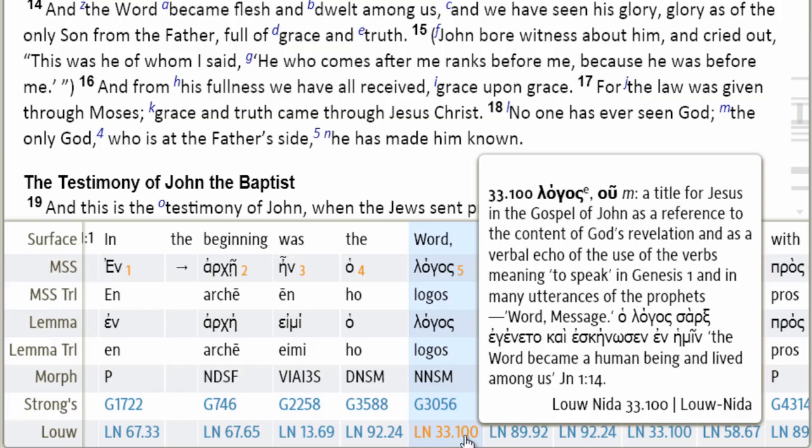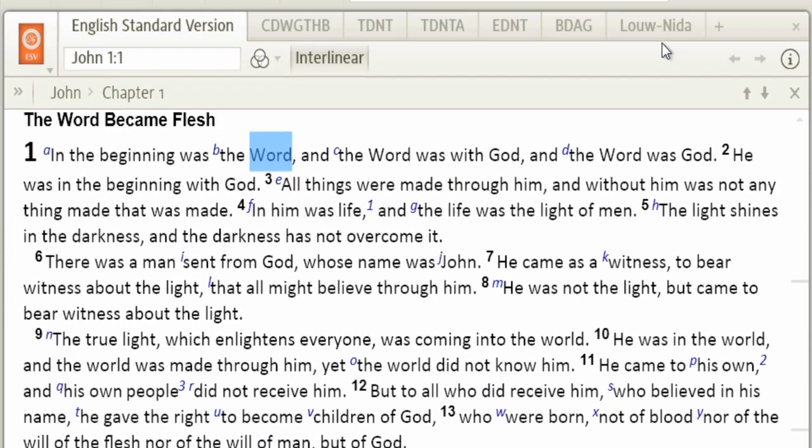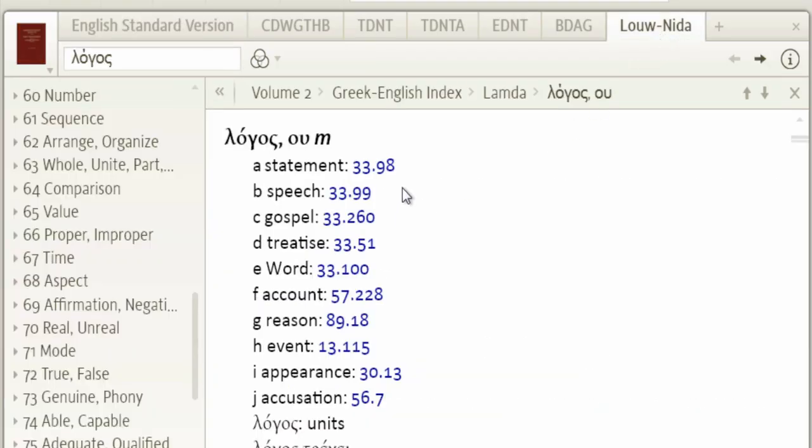Now the cool thing about the integration of the Louw-Nida numbers into the reverse interlinear is that in each word of the New Testament, we've assigned the Louw-Nida number that fits best with the context. What I mean by that is that in the Louw-Nida article for logos, you saw that logos has a range of meanings, and there are several here.